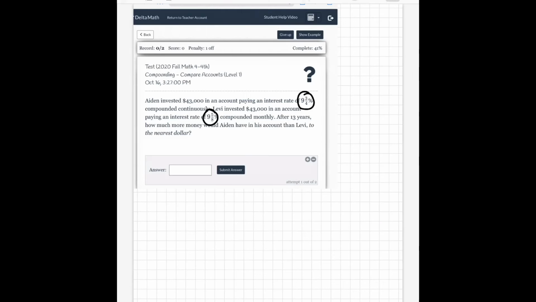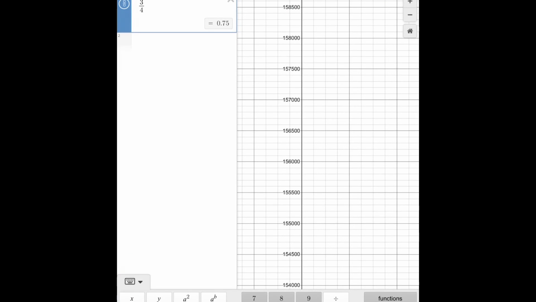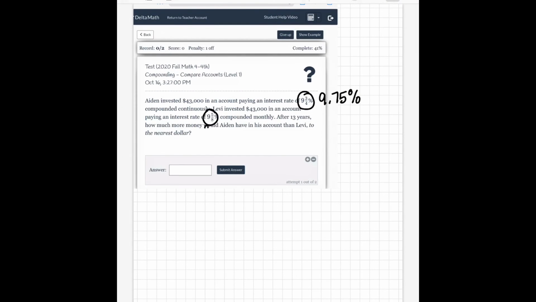So this is actually going to be 9.75%. So go ahead and convert that. And then we have 5/8. If I do 5/8, that's going to give me 0.625. So this is 9.625%.